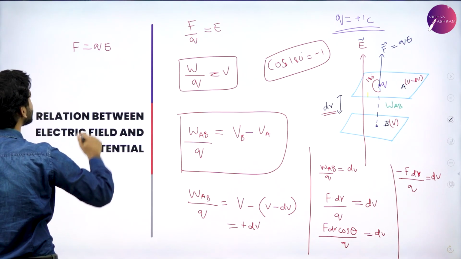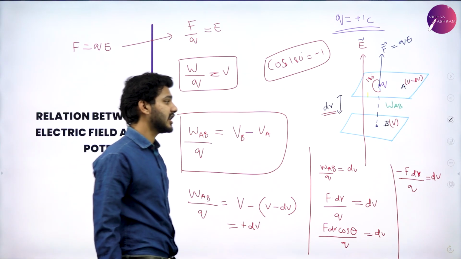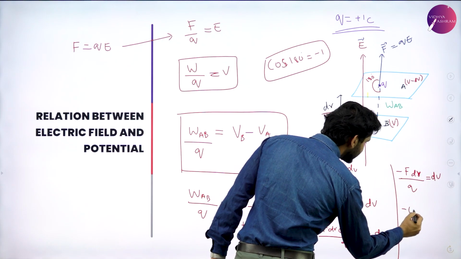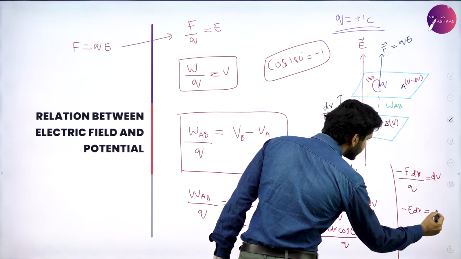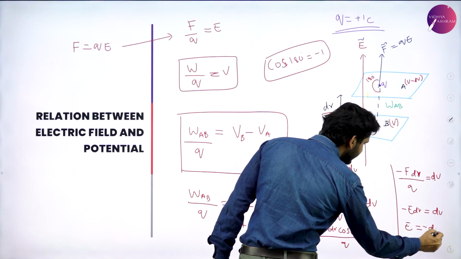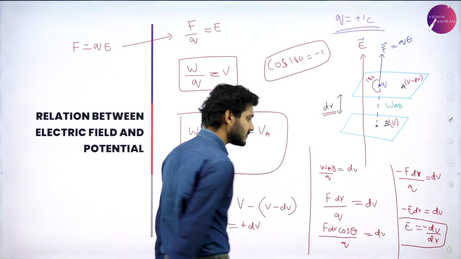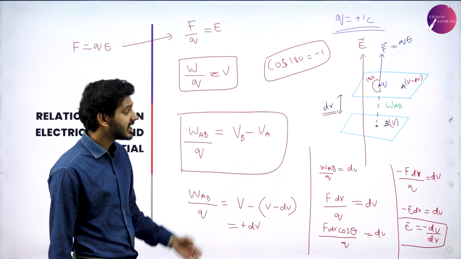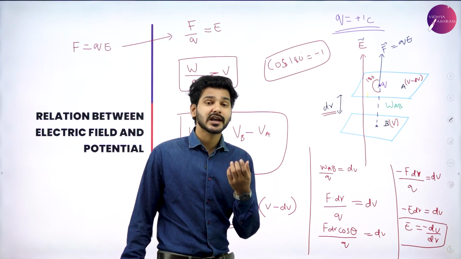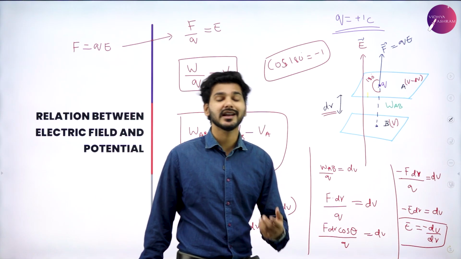So we can rewrite this equation, bringing the Q down, that is F by Q is equal to E. Now we have an F here and a Q downstairs, so we can write it as minus E dr is equal to dV, or we can simply write E is equal to minus dV by dr. So this is how we find a relation between the electric field and potential. That is, the electric field is the negative gradient of potential. So we can write it as E is equal to minus dV by dr.